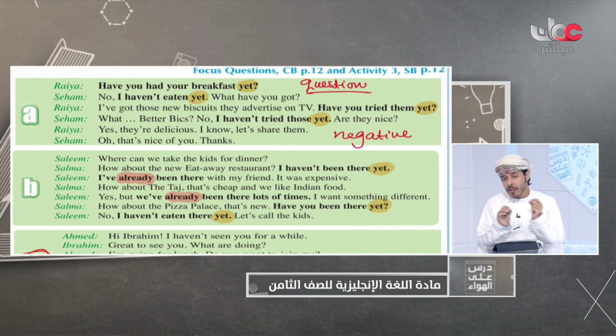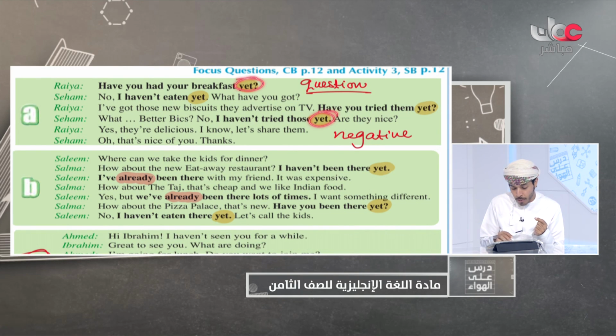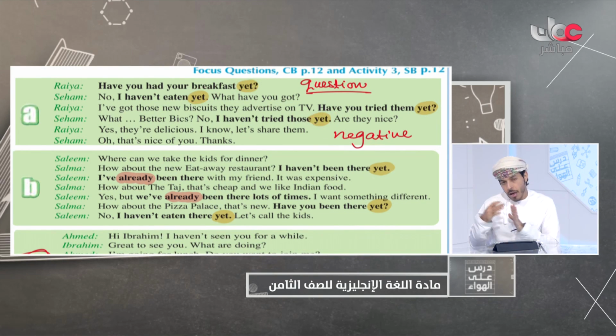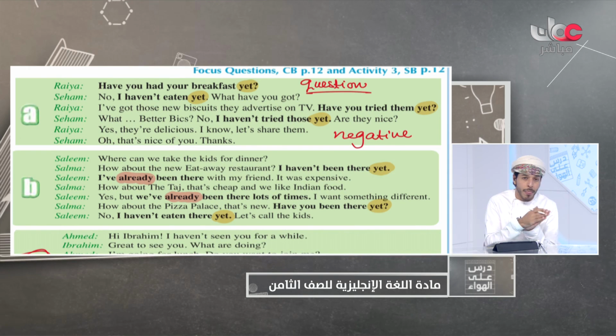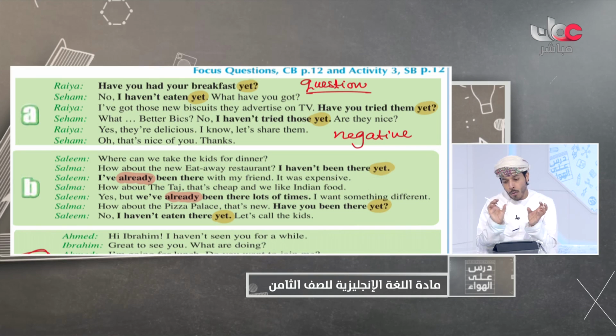And is it similar to yet, coming at the end of sentences? Of course not. It comes in between. It comes before the main verb and after the helping verb, between has or have and the third form of the main verb. Okay, it comes in the middle of the sentence. I have already been there.